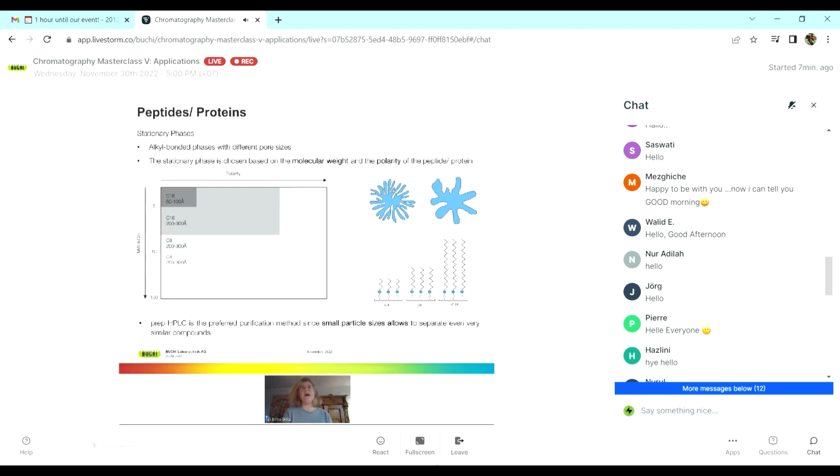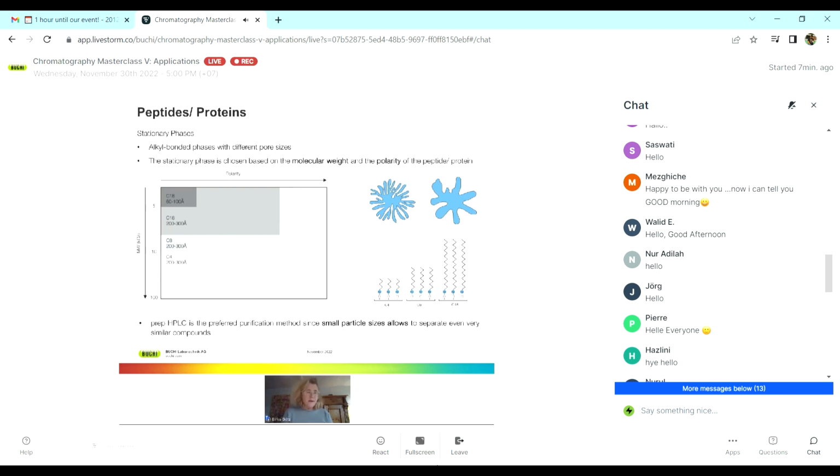So as soon as you have something a little bit more polar, it might happen that you don't get any retention on the C18. Then you would try the C8 or the C4 because it's less unpolar, and then it's very likely that you can get your mixture separated.